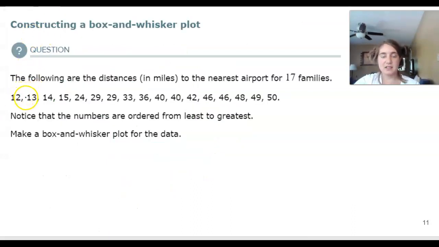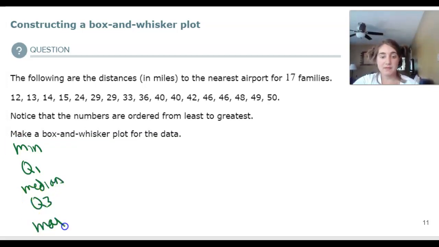This is asking us, this is distance from the nearest airport from 17 families, and it's asking us to find box and whisker plot data. So before we do that, we're going to find the min, Q1, median, Q3, max. So my min is 12, my max is 50. Let's try to find the middle. 1, 2, 3, 4, 5, 6.